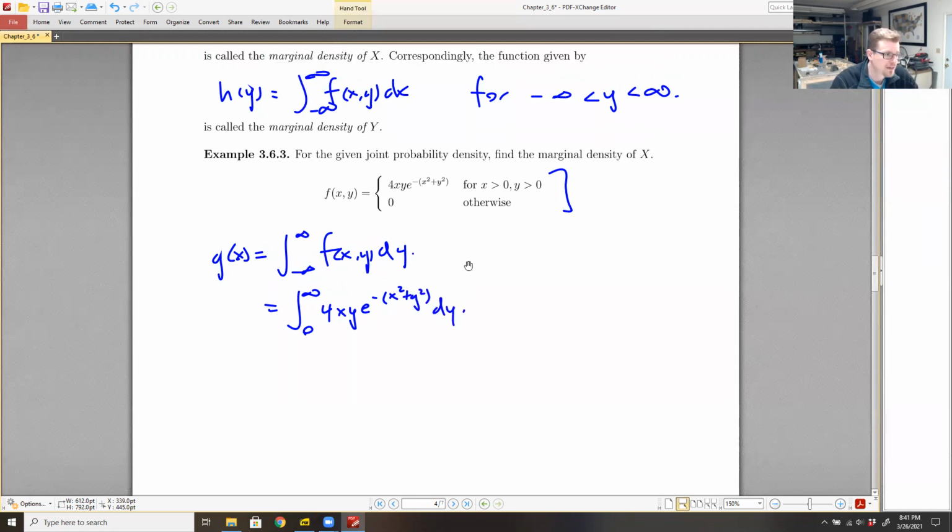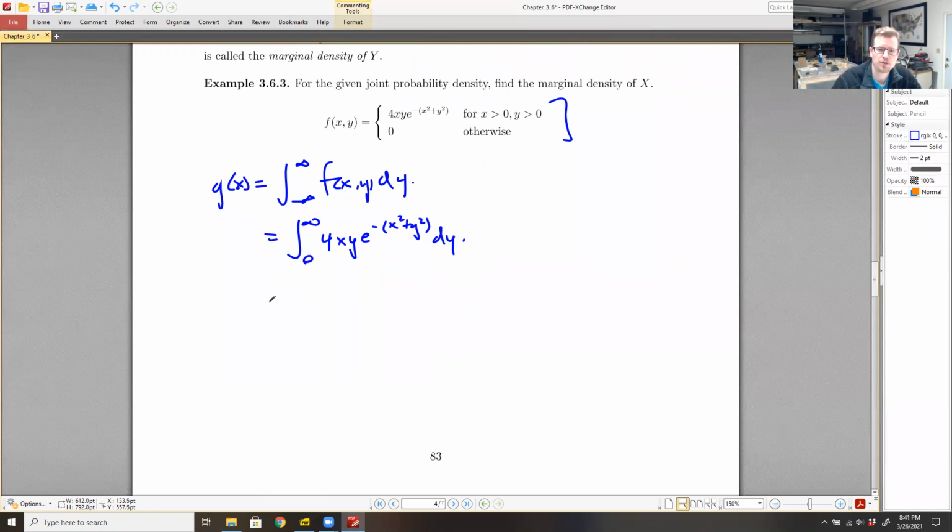Now from here, you might want to make a substitution. Probably a substitution might be the easiest way to go. If you let u be negative x squared plus y squared, then essentially you'd be able to end up with the integral of e to the u, or some constant multiple of e to the u. But when you do that, we need to use limits because it's an improper integral.